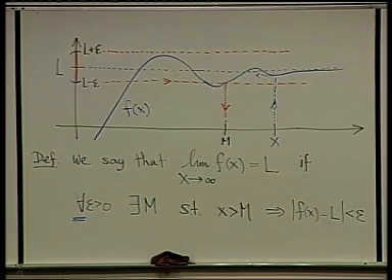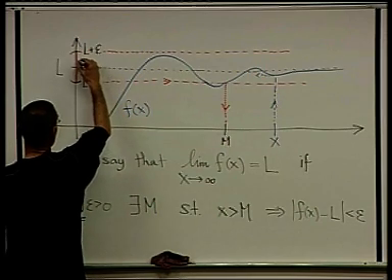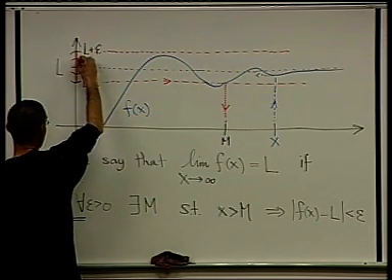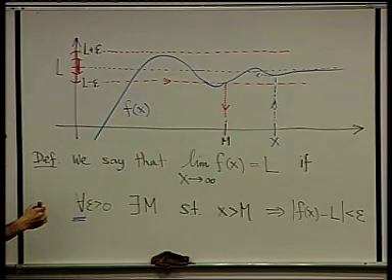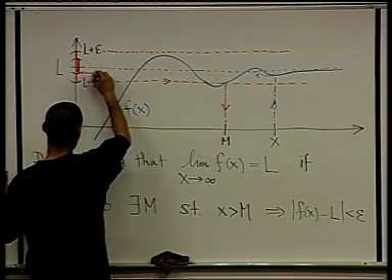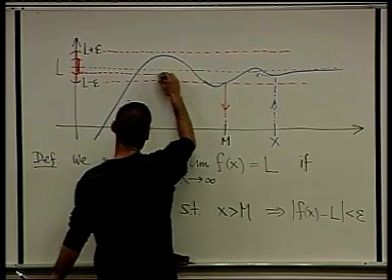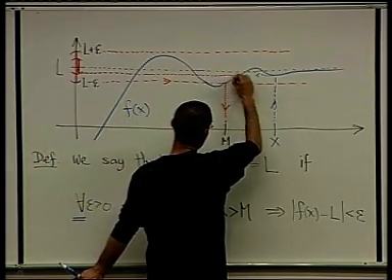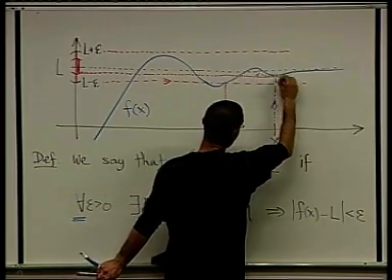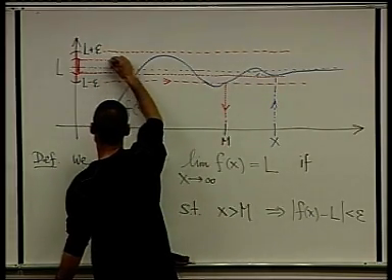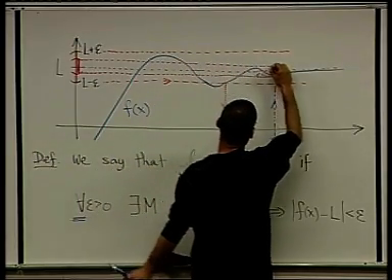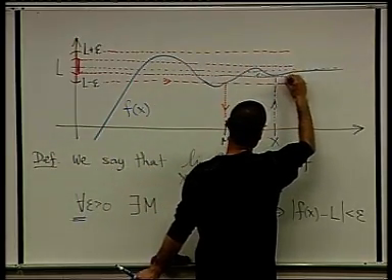The dynamics is because now we can take a smaller neighborhood, let's say this neighborhood in red, and this is now going to be L plus epsilon, L minus epsilon. And if we want to guarantee being in this red skinnier sleeve, we're going to have to go beyond that original M. So the M corresponding to this will maybe be somewhere here.